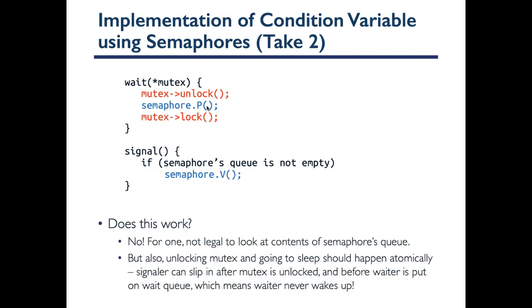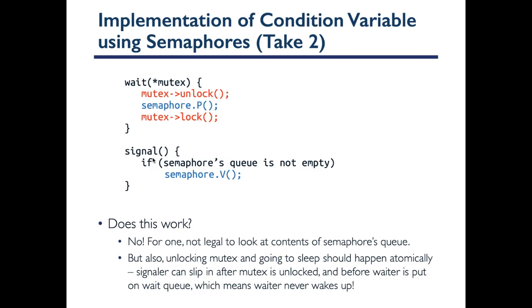The first one is that we don't see the internals of a semaphore. All we see is the value of the semaphore, so we don't have access to the queue of a semaphore. The other problem is also the fact that it's not atomic.